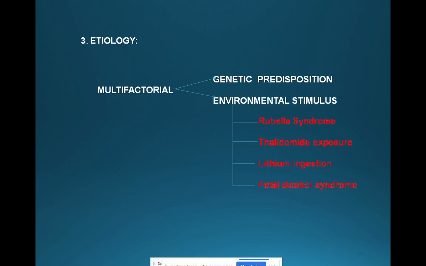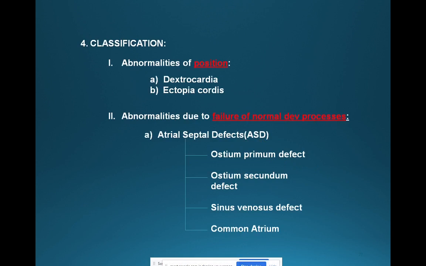These are infections which can occur during pregnancy and may lead to congenital cardiac disease. There are also other components like environmental and lifestyle factors, such as taking alcohol, and some drugs like thalidomide and lithium. So these all may lead to cardiac anomalies.